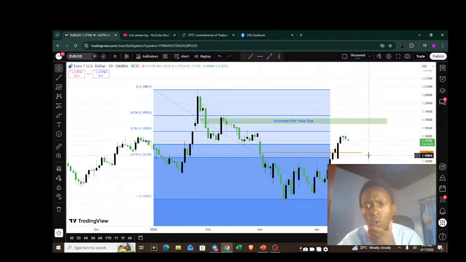So I expect to see this price move continue up to the level. So these are long-term sells for me, and that is why I'm in right now.